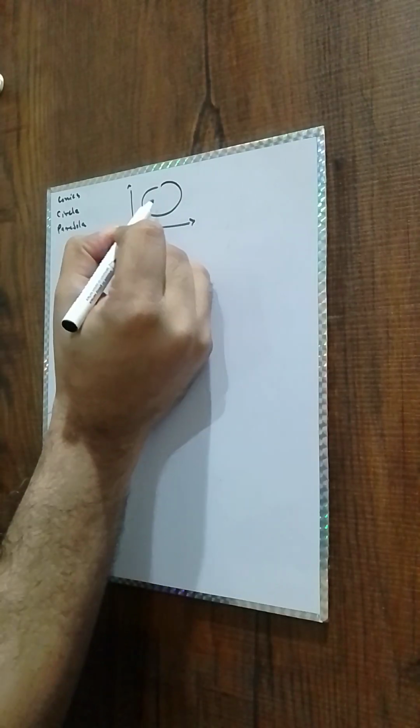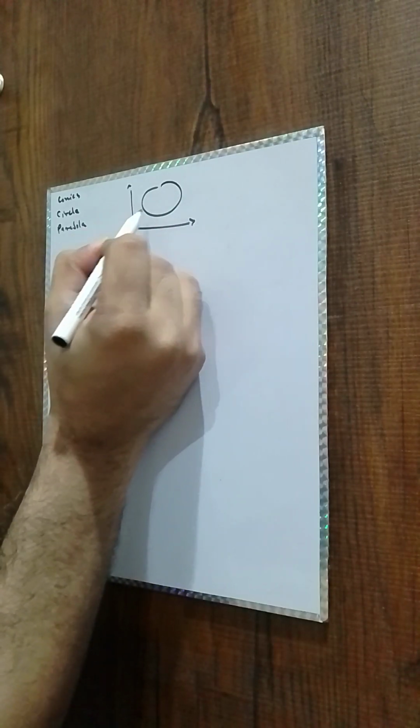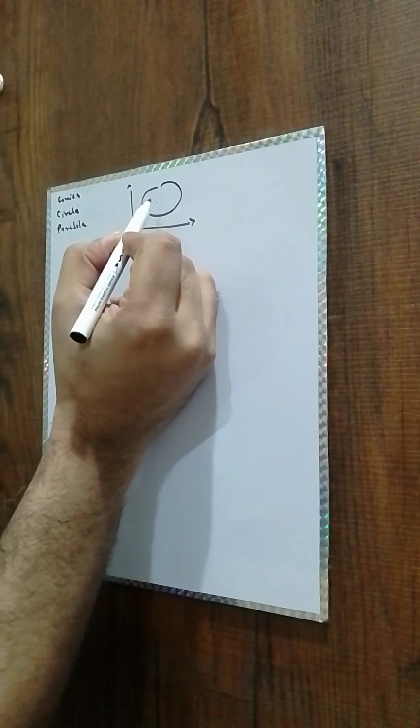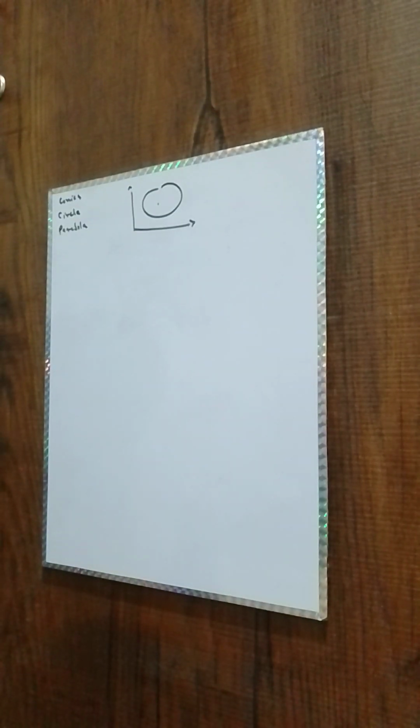The first one says that the circle is somewhere in the quadrant away from the origin. Excuse me.